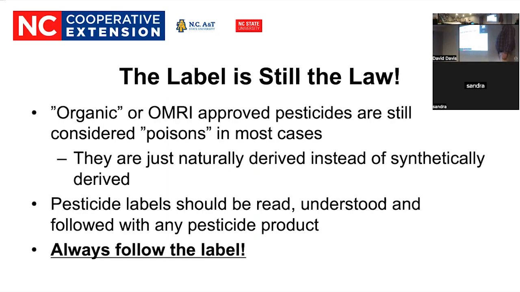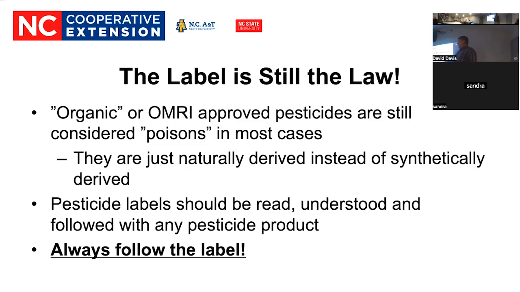The one thing I do want to say though, and this is what a lot of people don't understand, just because it's an organic pesticide, that doesn't equal safe. An organic pesticide like Pyganics, for instance, or some of your natural permethrin type products, they are still considered poisons. An insecticide works by poisoning the insect, right?